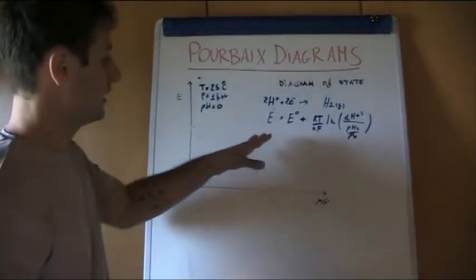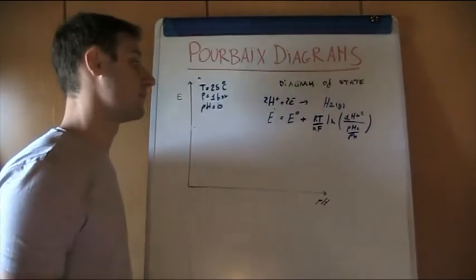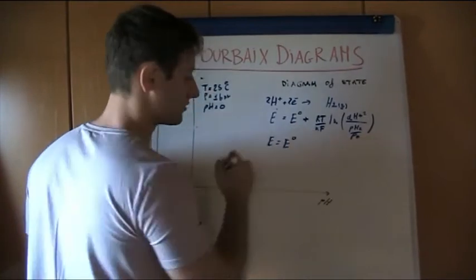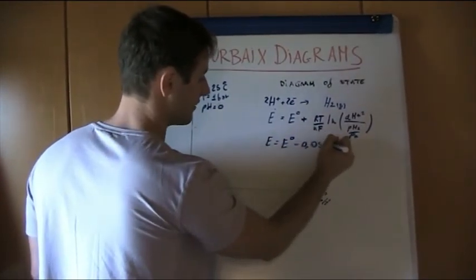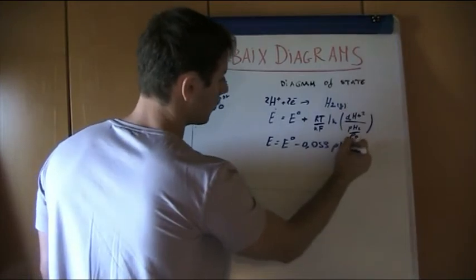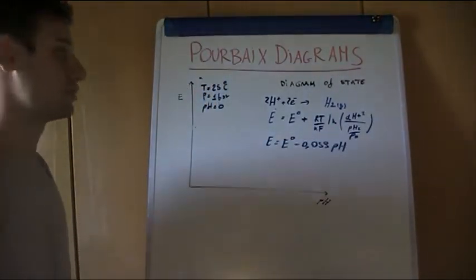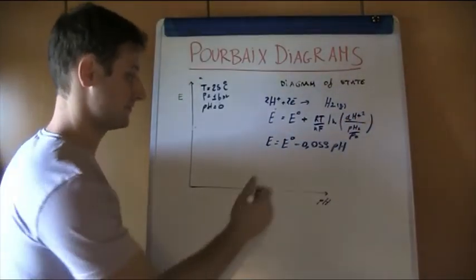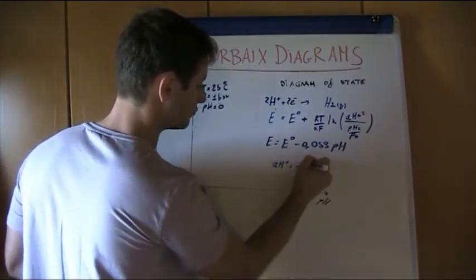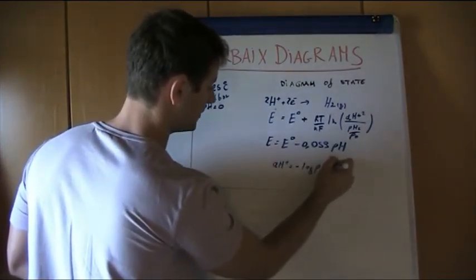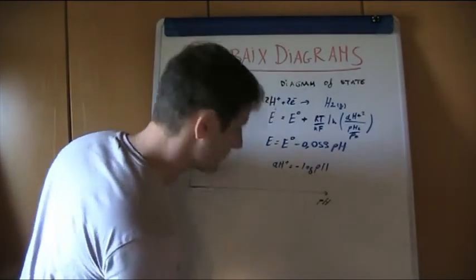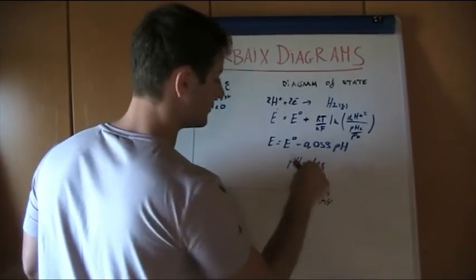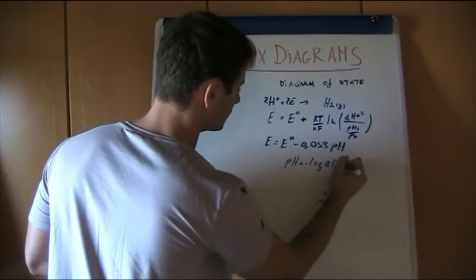So if we solve this equation, we can appreciate that E remains equal to E0 minus 0.059 pH. Why pH? Because it's interesting to appreciate that the pH is equal to minus logarithm in base 10 of the activity of H plus.